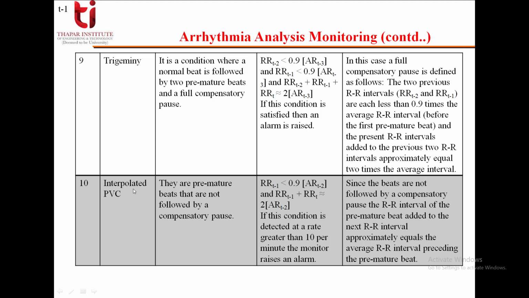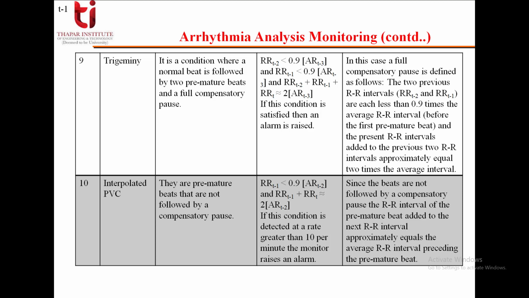Now the next in this is interpolated PVC. These are premature beats that are not followed by a compensatory pause. In this case, RRT minus 1 is less than 0.9 times ART minus 2 and the sum of the previous and present RR intervals, that is RRT minus 1 and RRT, is approximately twice ART minus 2.